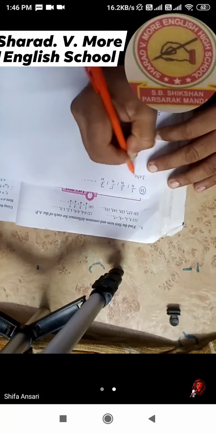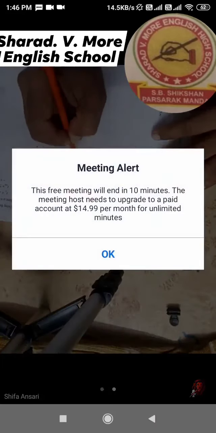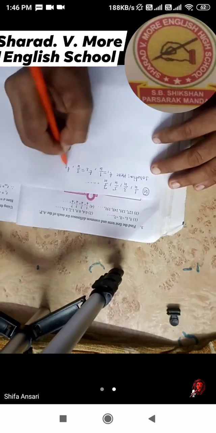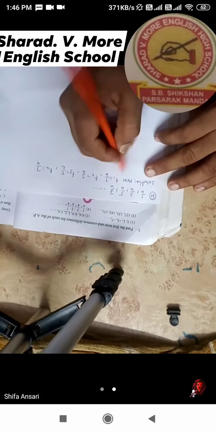Okay, now here T1 is equal to 1 upon 4, T2 is equal to 3 upon 4, T3 is equal to 5 upon 4, T4 is equal to 7 upon 4. Okay, now find out the D.